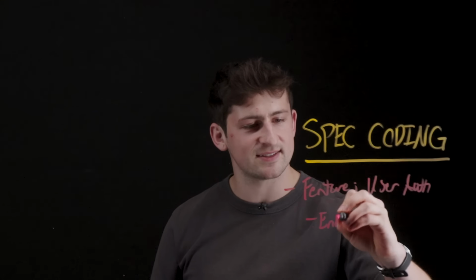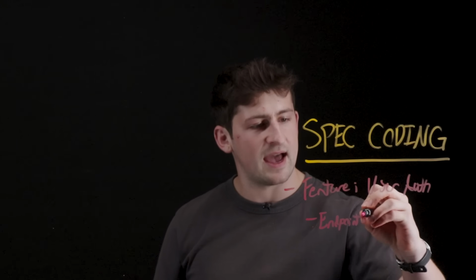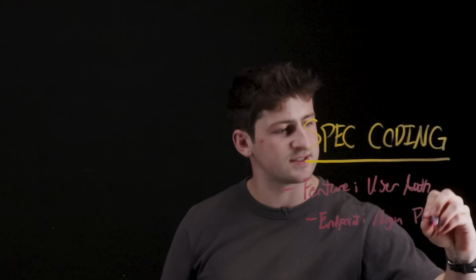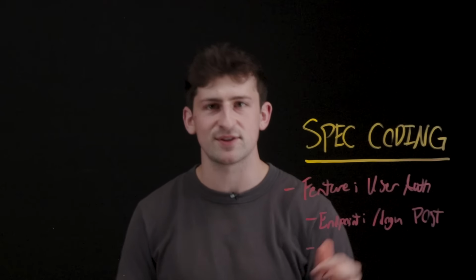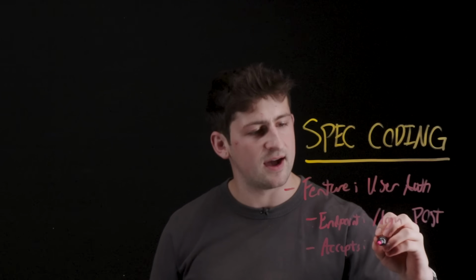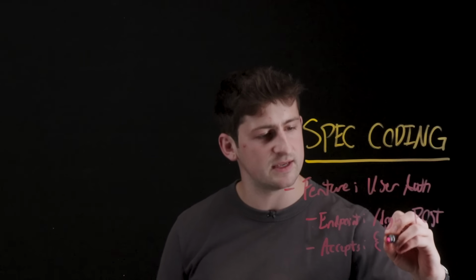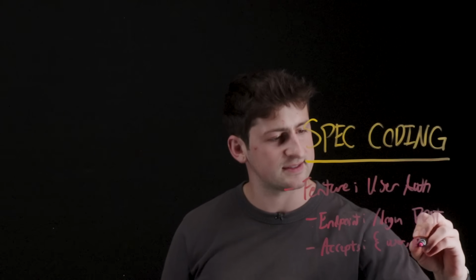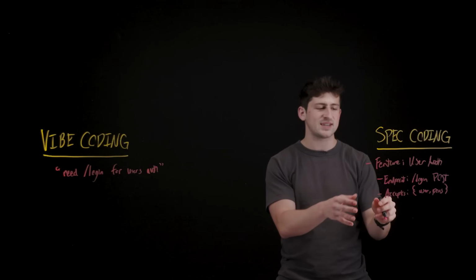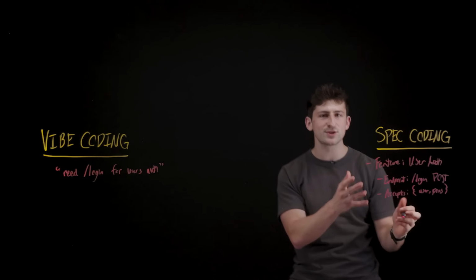We're going to say, hey, this is going to be an endpoint at slash login to do POST requests to. Okay, awesome. And then what variables are we going to take for the username and password? Well, we can say we're going to accept two different variables: user and pass. Awesome. So that is in there, and we know when the implementation starts why it got to this conclusion.